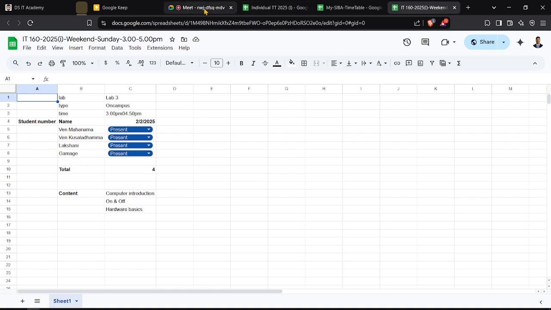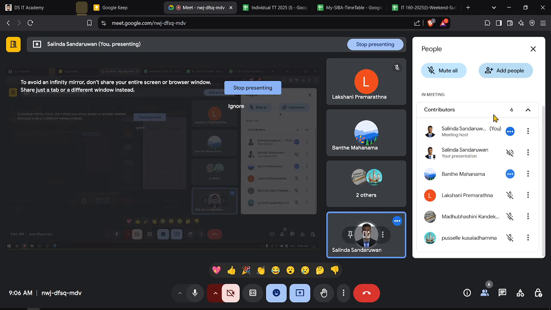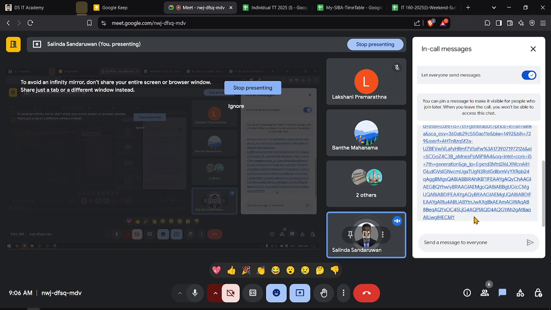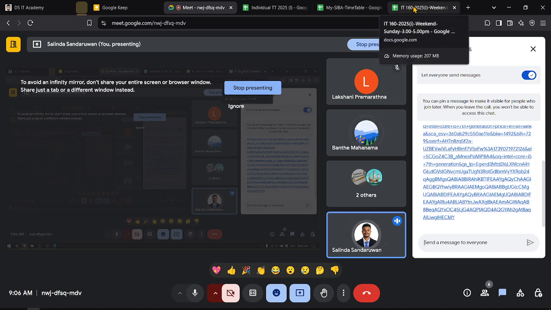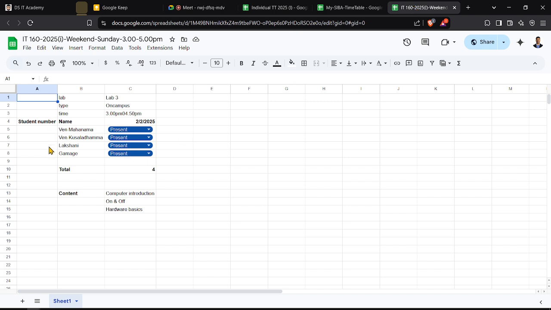You can just send your name and the index number into this chat, or send a message to the WhatsApp group. You can do anything, but it's easy if you send the name and the index number to the Google Meet, so I can update it here.